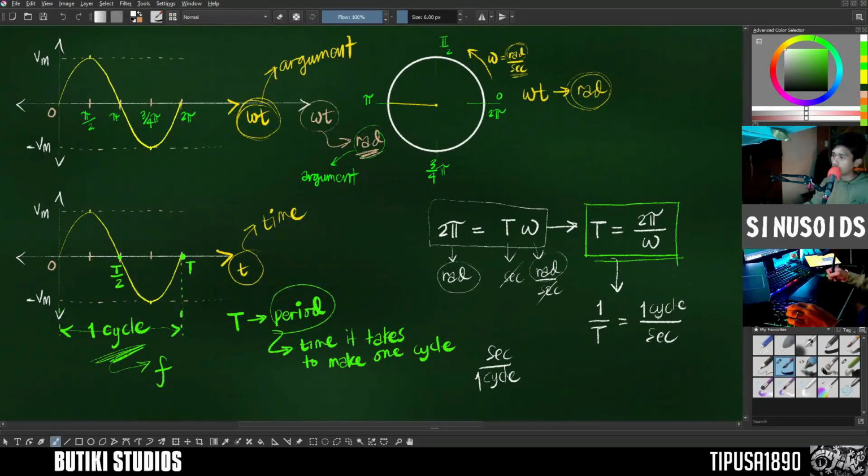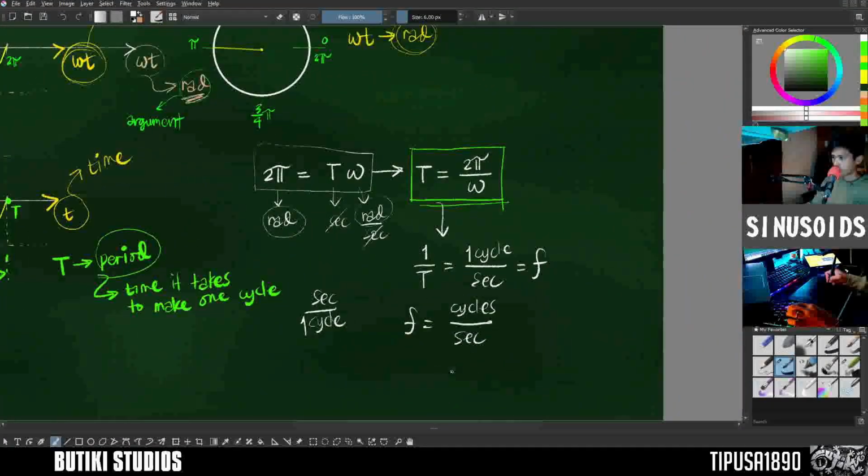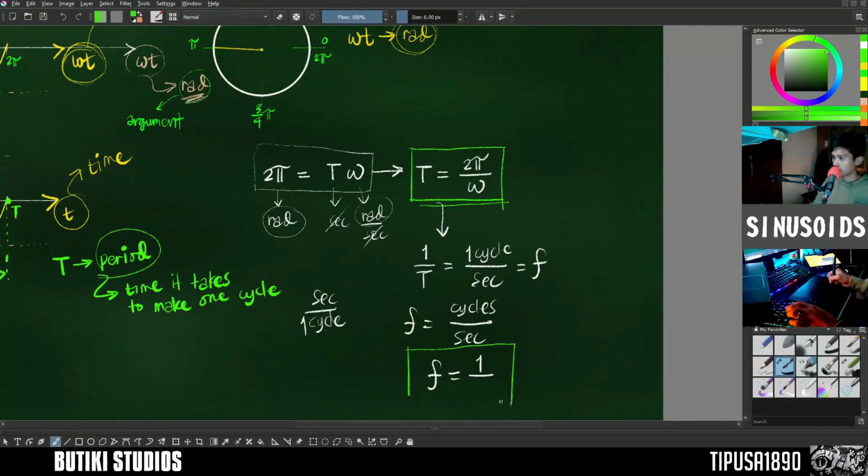So in one cycle, how many seconds does it take? That is your frequency. So your frequency is just cycles per second. In short, your frequency is equal to 1 over T. So your frequency and your period are reciprocals of each other.